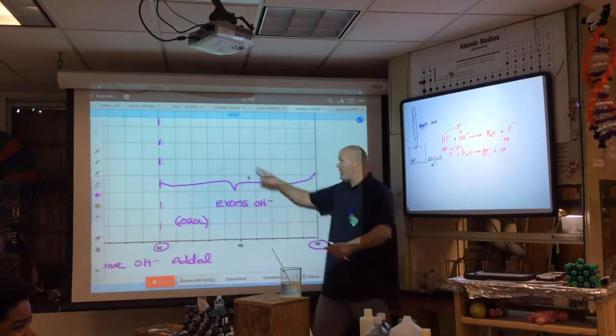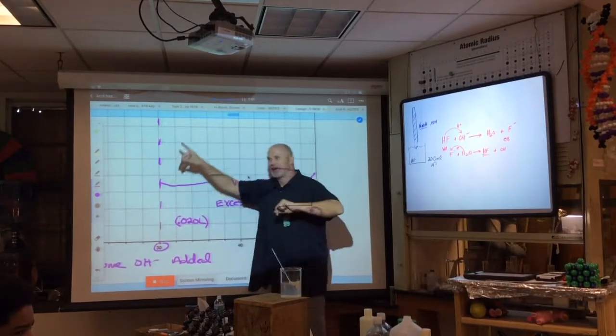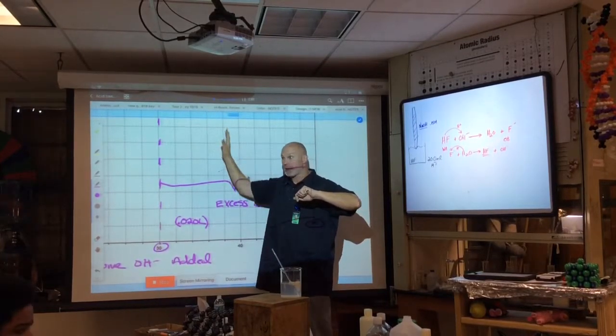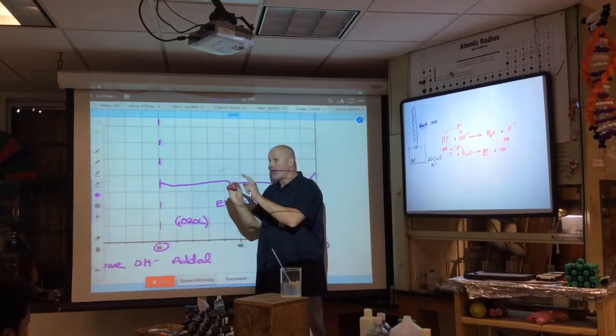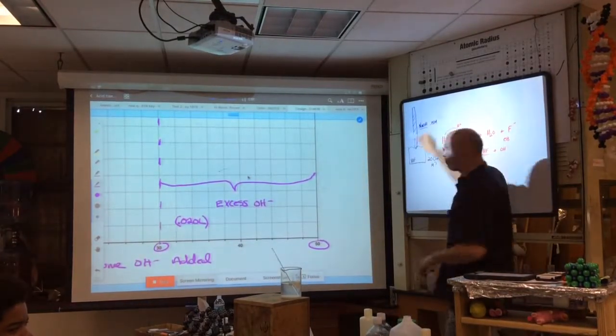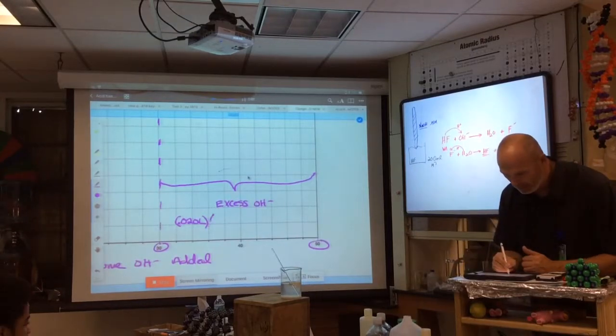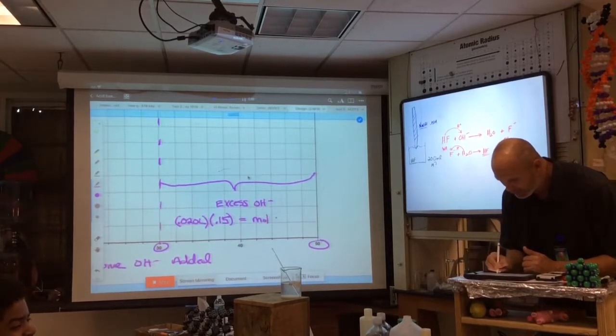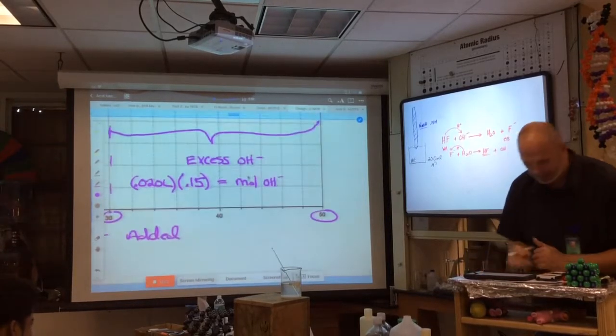When we get to this point here, the equivalence point way up there, all the hydroxide was eaten up by the HF. But now we have excess. So I'm trying to find the moles of what? OH. And we had 20 milliliters that was dropped extra from 0.15. So I'm going to find the total moles of hydroxides that were added in excess.